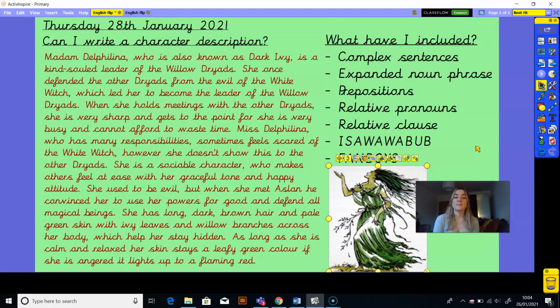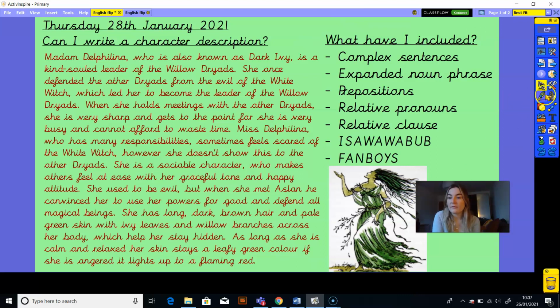As long as she is calm and relaxed, her skin stays a leafy green colour. If she is angered, it lights up to a flaming red. Okay, so your character description might be longer than that. It might be that you want to focus a bit more on their appearance, but I just wanted to make sure that I give a good range of what I have included.